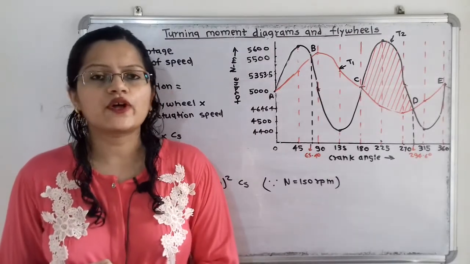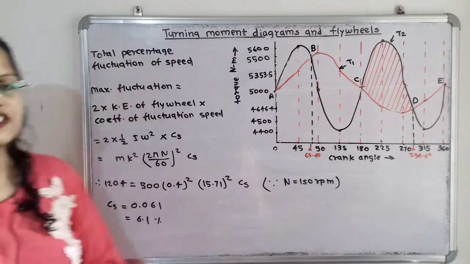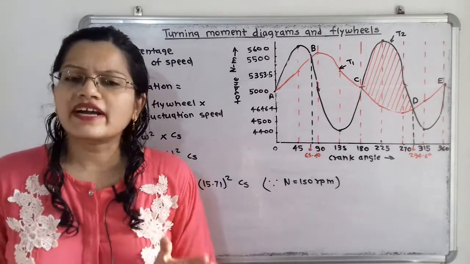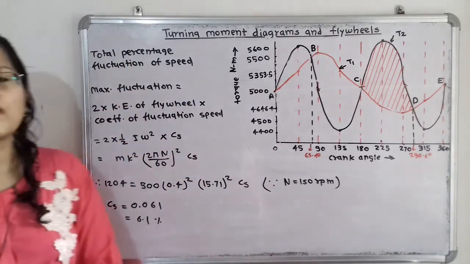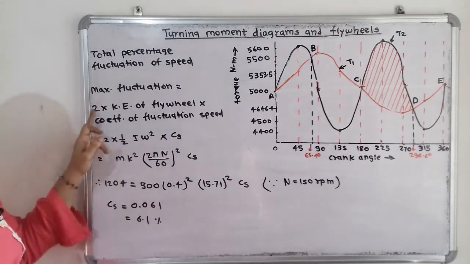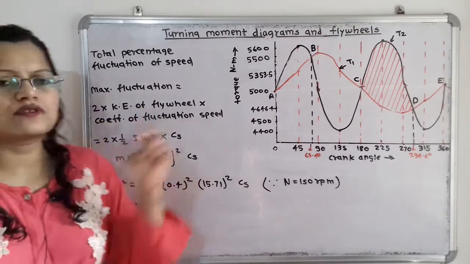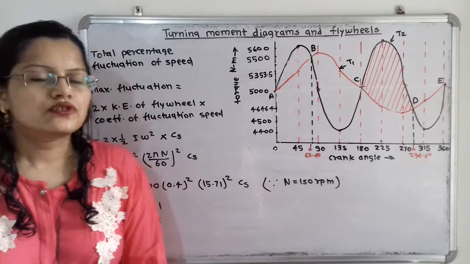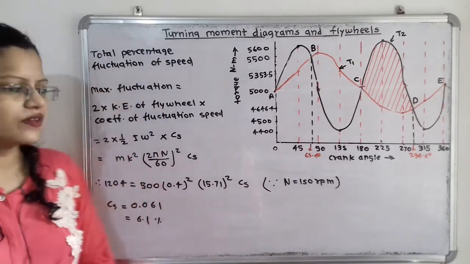Now we move to the second question: calculating the total percentage fluctuation of speed. Again we use the basic formula: maximum fluctuation of energy is equal to 2 into kinetic energy of the flywheel multiplied by the coefficient of fluctuation of speed. The maximum fluctuation of energy is the answer of the first question.